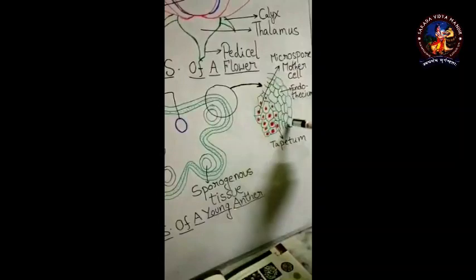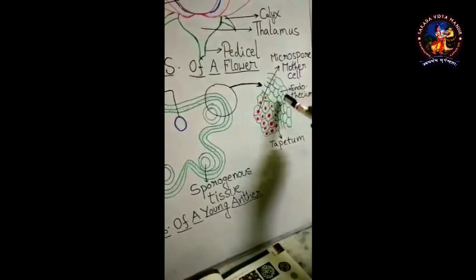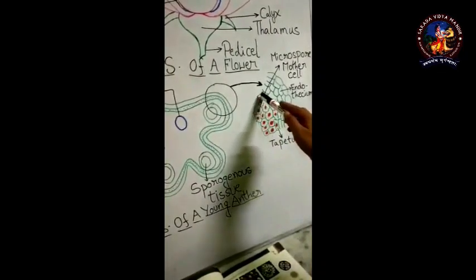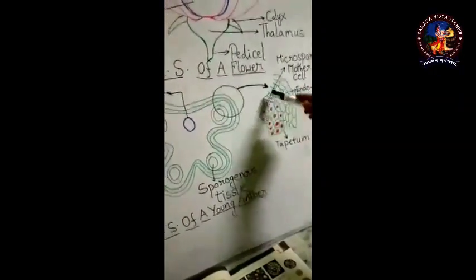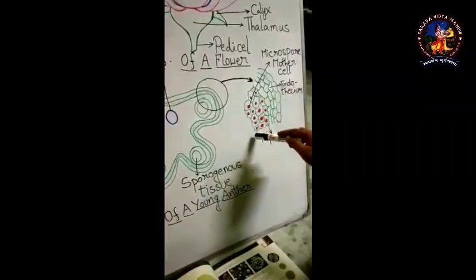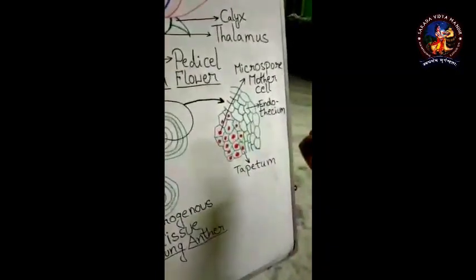The outermost layer is called your epidermis, followed by the endothecium. Next, after the endothecium, these dotted structures with the nuclei, this red color nuclei, this is the tapetum layer, which provides nutrition to the developing microspore mother cells, which will undergo meiosis to form the tetrads.